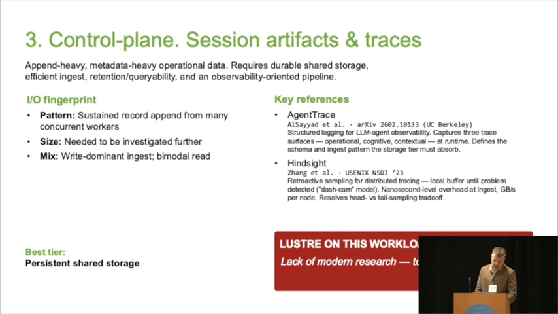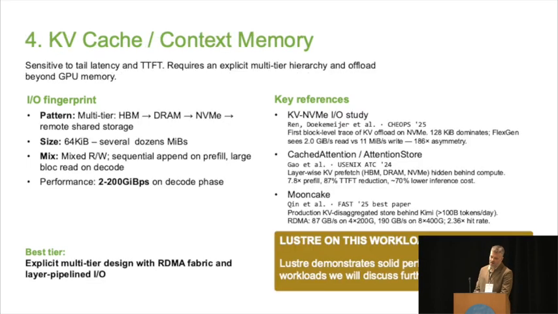And again, key-value cache, the most popular term today for inference storage. So usually data is split into several tiers, and the hot parts of key-value cache are stored on HBM memories and DRAM and NVMe, and the remote storage is used depending on model, depending on serving engine, depending on key-value cache engine.